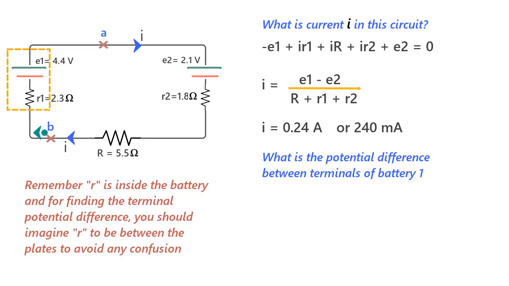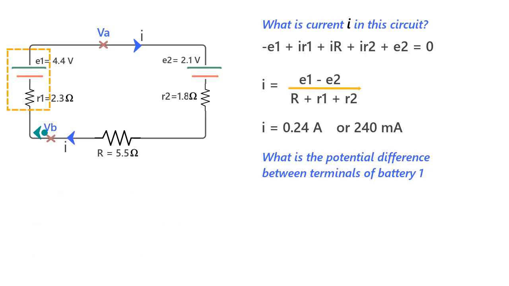Then what we can do is start at point B, that is effectively the negative terminal of the battery, and say the potential here is VB, and add the drops and gains till we reach point A, where we say the potential is VA, and we do so moving in clockwise direction. So what is important for you to note is that we do not wish to find VA or VB, but the difference between VA and VB, that would also be the terminal potential difference for battery 1.